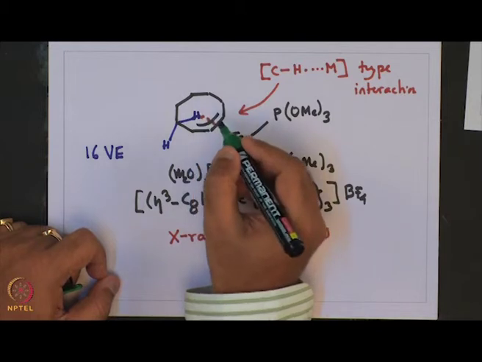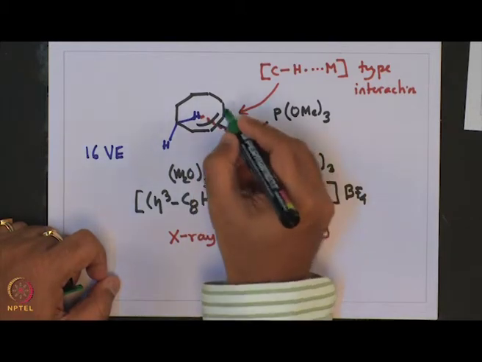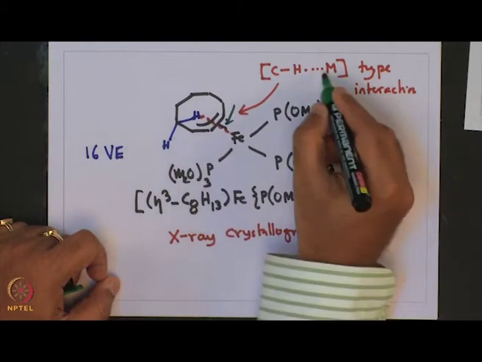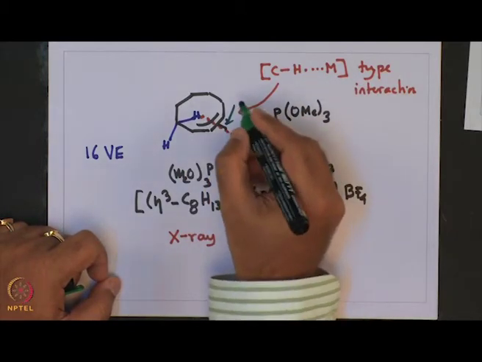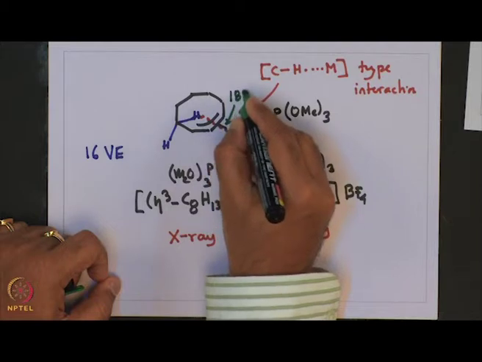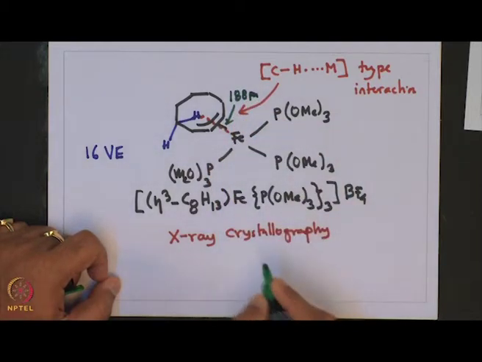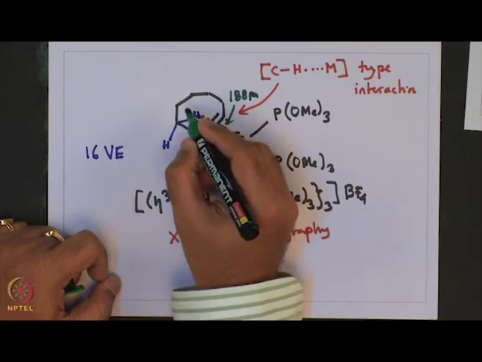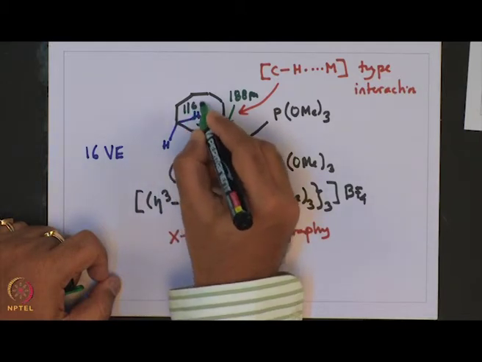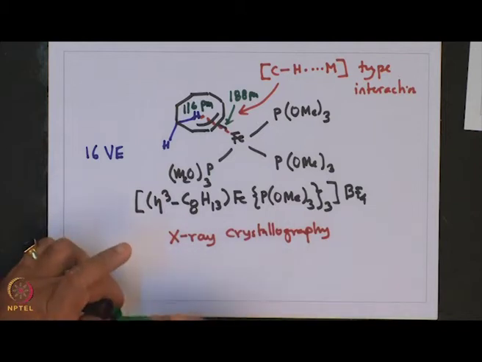The distance from hydrogen to iron is about 188 picometer, and this carbon to hydrogen is about 116 picometer.